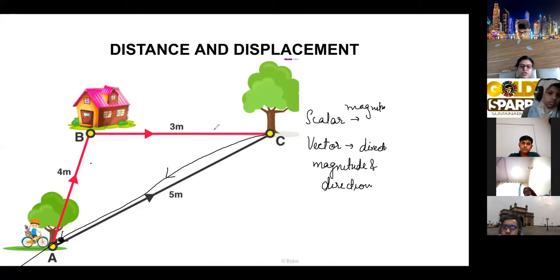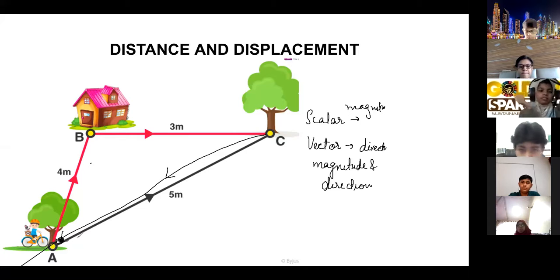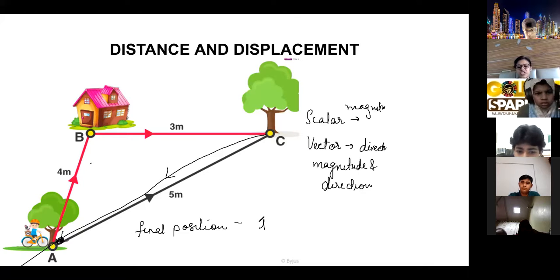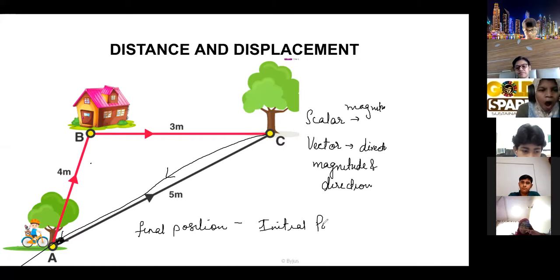So what will be the total distance covered? 12 meters. It is 7 plus 5. Yes, 12 meters. And what is the displacement over here? Displacement is the final position minus the initial position. It is the distance between the final and initial position. What is the displacement? 2 meters.